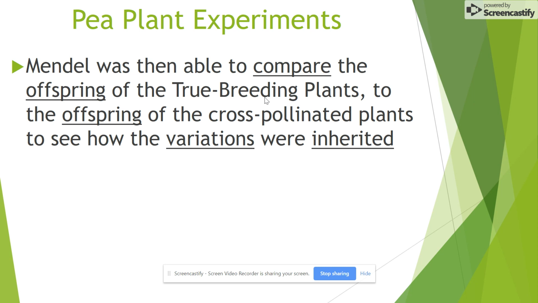So we know what to expect in the offspring. Whereas in the cross-pollinating plants, we're not quite sure. There could be a variety of outcomes for the offspring. So he was able to compare the offspring of the self-pollinating or true breeding plants with the offspring of the cross-pollinated plants.